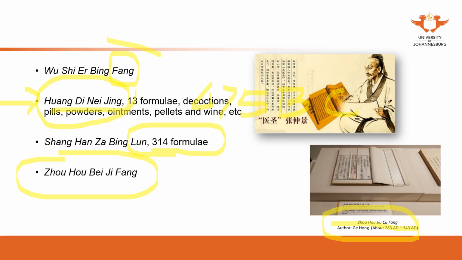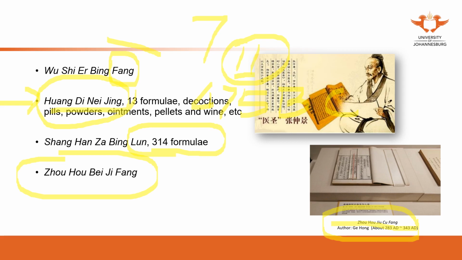So at that stage, we got 7 theoretical books. We got 11 formulae books. So as described in the history, we actually have more formulae books at that period. Although most of these books we don't have now, we still have the title, but we could not see the books because they were lost.